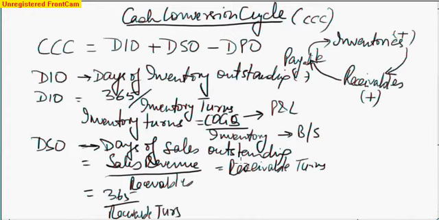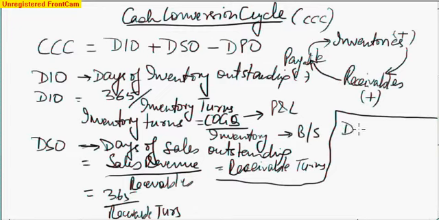And the third metric that we have here is DPO, that is days of payables outstanding. This is typically to the suppliers that you have taken raw material and various other items from.